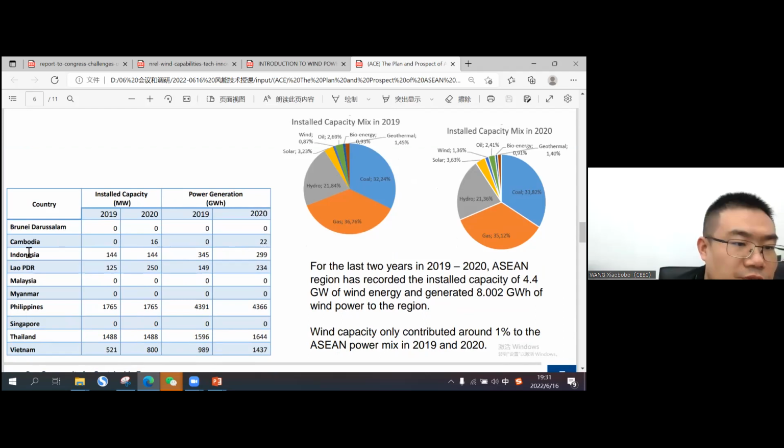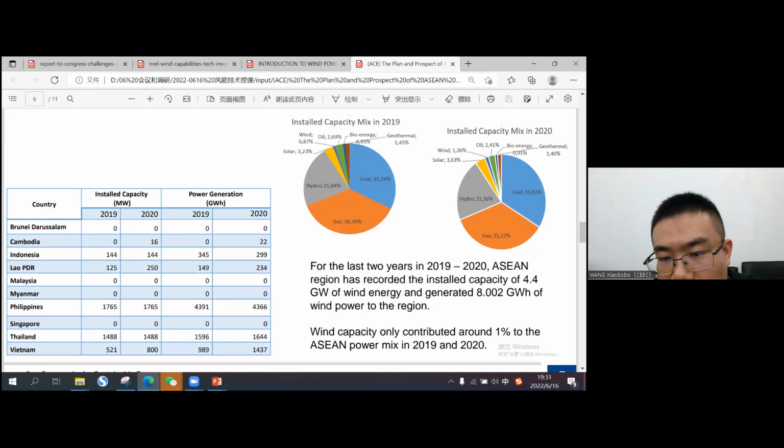Malaysia, Laos, Indonesia, and Cambodia. For the last 2 years, 2019 to 2020, the Asia region has recorded the installation of 4.4 gigawatts of wind energy. Compared to the speed in China or in Europe, it's quite slow. We expect much quicker installation speed in the future.